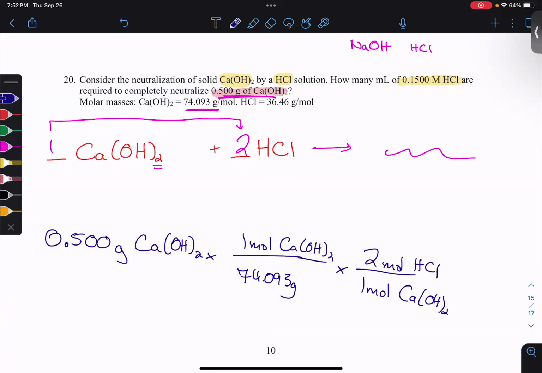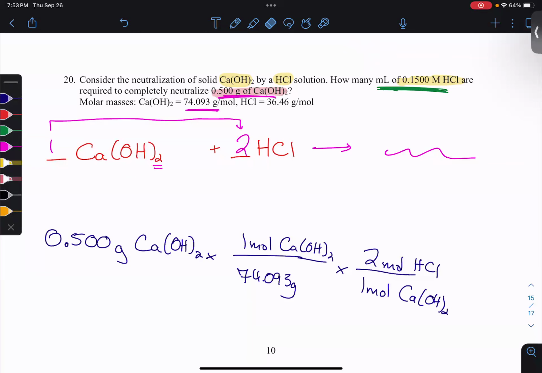So if we finished right now, we would get moles of HCl. If this was chapter 3, we would use the molar mass of HCl to get gram amount, but we don't want that. This is chapter 4. Instead of a gram amount of HCl, I want how many milliliters of this concentration of acid do you need?